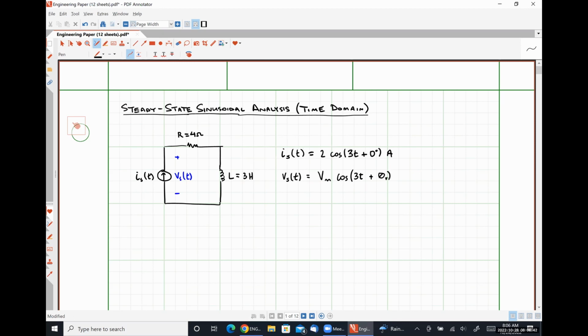And then some phase angle theta v that will be whatever it needs to be to make this circuit work. And our result will obviously be in volts because we're dealing with a voltage. So that's our goal, to make our voltage drop across our current source be of that form.